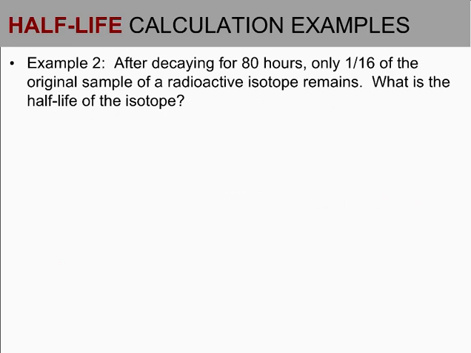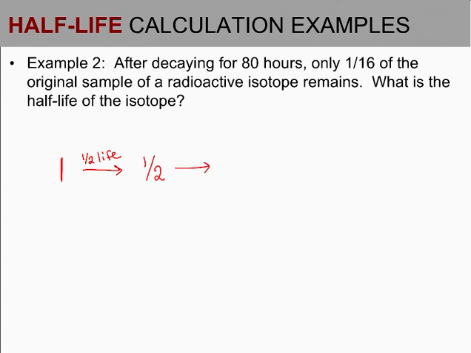Okay, so let's see. We're assuming that maybe we started with a fraction of 1. And then we know that after 1 half-life, we have 1/2 of our original sample.